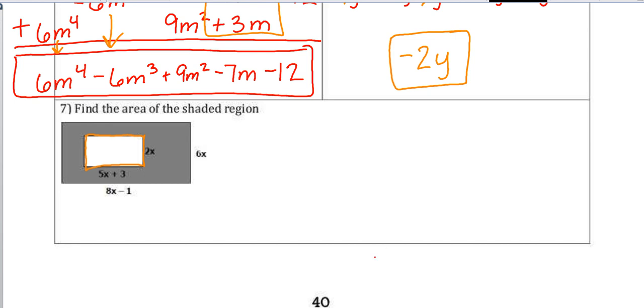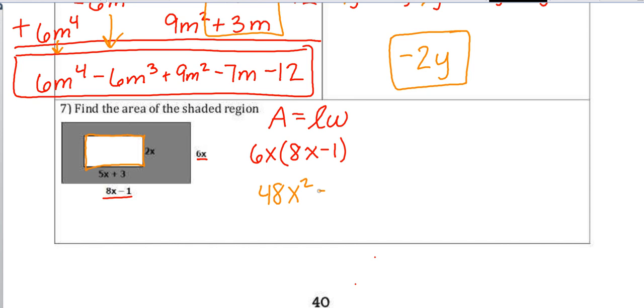If you remember, area equals length times width. So I first need to figure out the length and width of the large rectangle. So I'm going to have 6x times 8x minus 1, distributing in my 6x, I end up with 48x squared minus 6x.